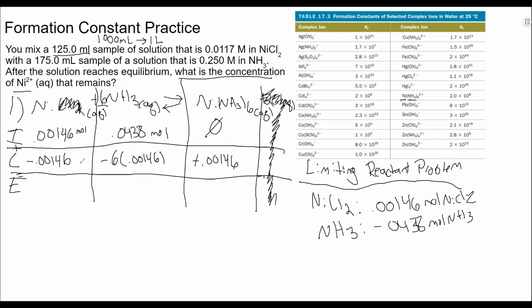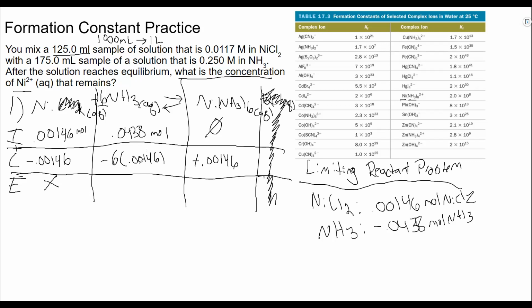However, in a chemical reaction, that's actually impossible, because if we put 0 in, that means our Kf value when we calculate it is basically infinity, or actually it would be undefined. So we can't have that. So it's going to be some small concentration. We have to calculate that. So we're going to put x. We don't know what it is. That's what the problem's asking. But for the other columns, we can do that math.